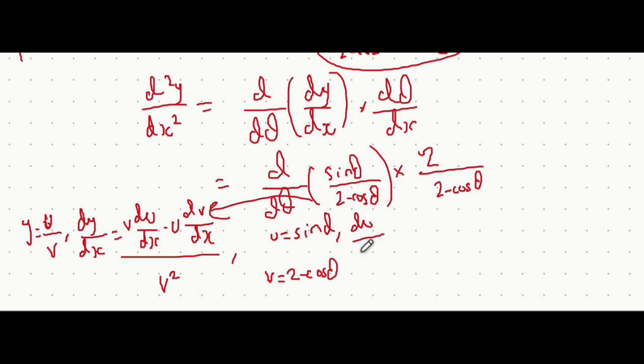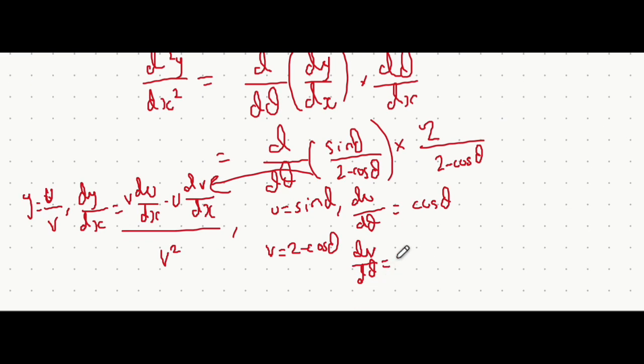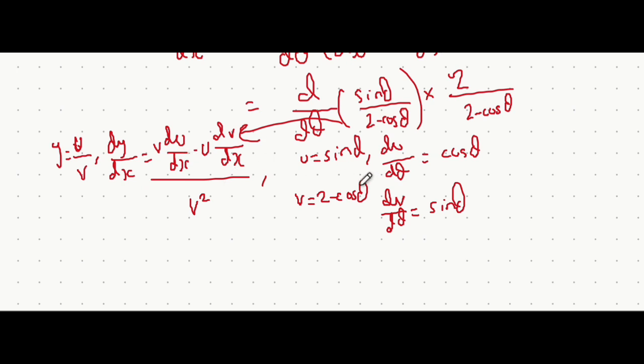du by d theta is the differential of sine, which is cos. dv by d theta. Sorry for making you do such a difficult question. But when you differentiate cos, it's minus sine. So when you differentiate minus cos, it's positive sine. Okay, so v times du, in this case it's du d theta, by the way, because we are differentiating with respect to theta, aren't we?